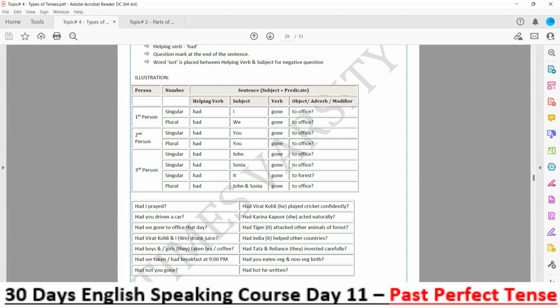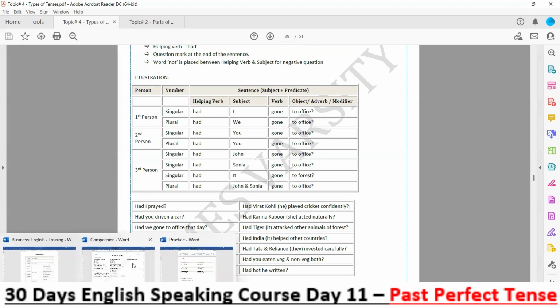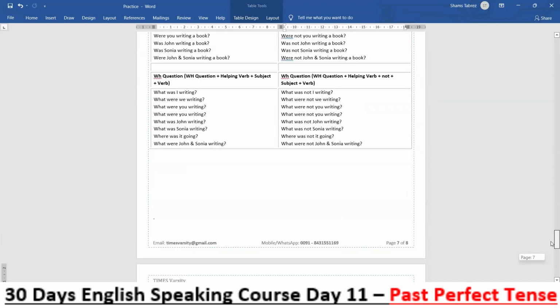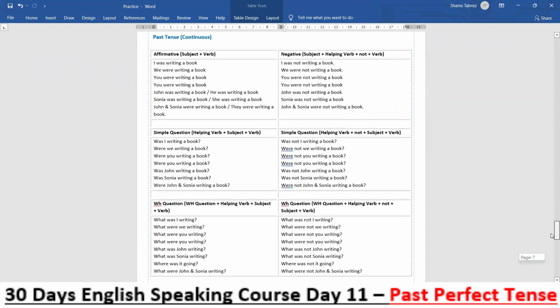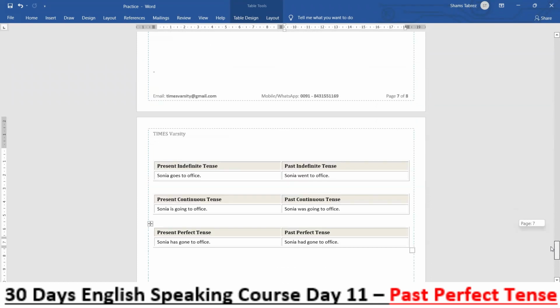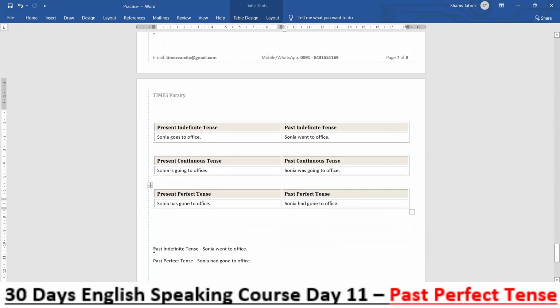So now, if we go to our practice session, let me copy this word and put it in this form.